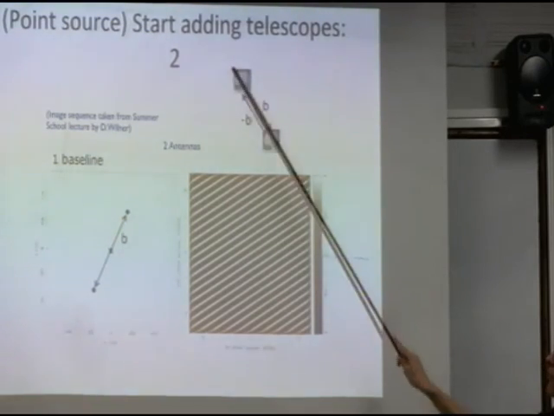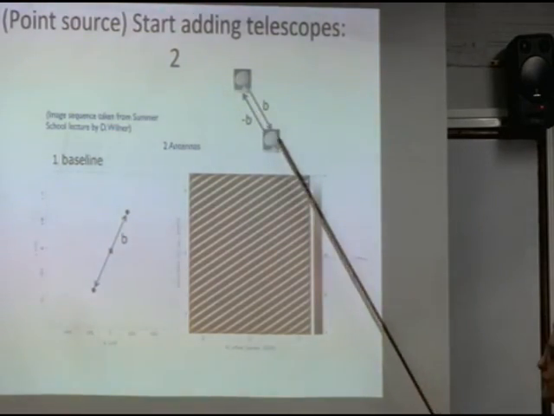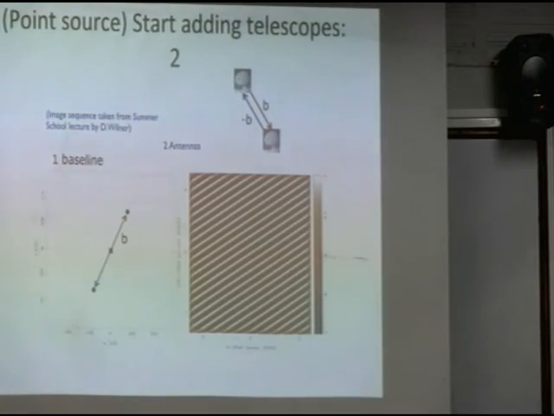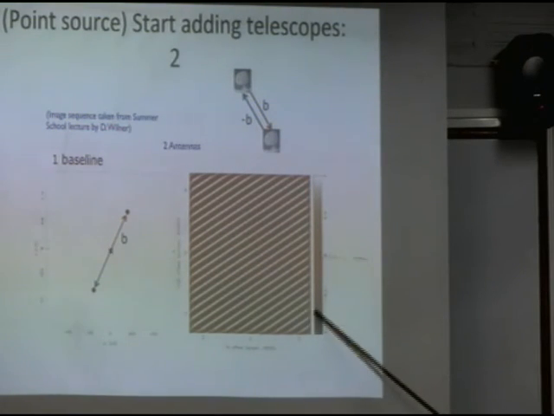Now we only have two antennas and a point source, so that's the information that we can retrieve. We basically see nothing, but we have some pattern, and our job is to try to recover as much of the information as possible. So with only two, this is what we get.